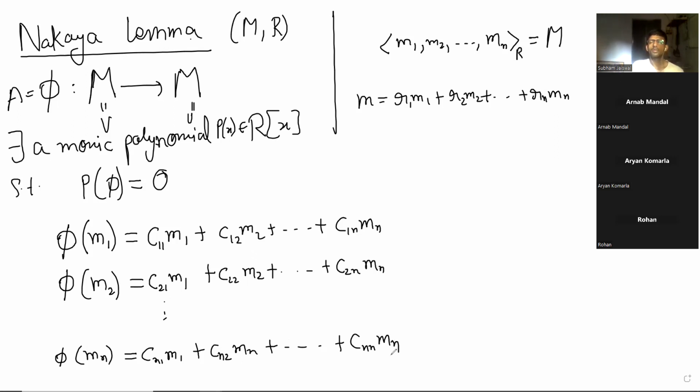Please think of this, if you're confused, as phi being a matrix, M1, M2 being basis vectors, these are again in the vector space, phi of Mi is again in the vector space. I'm just writing a linear function. Nothing else.